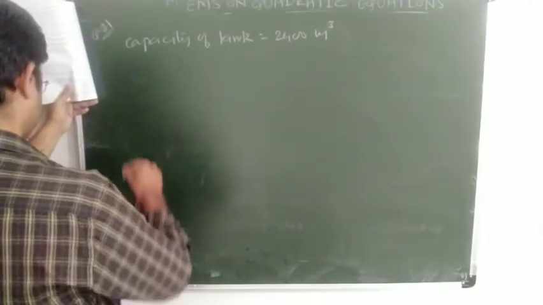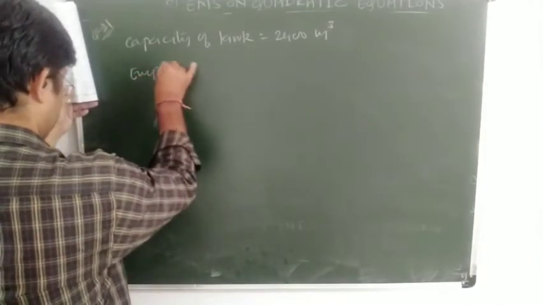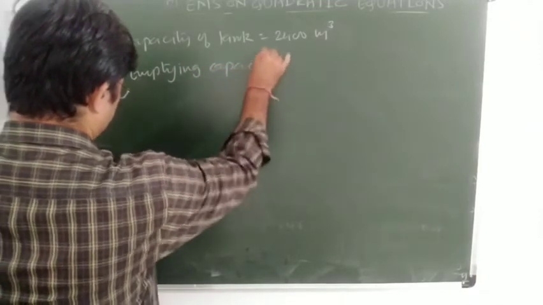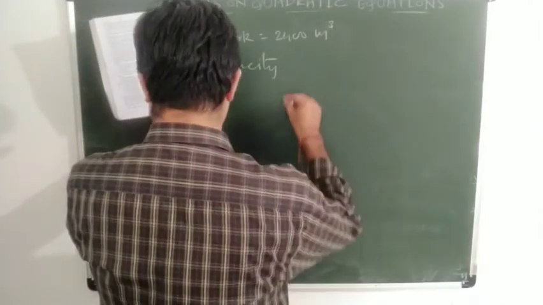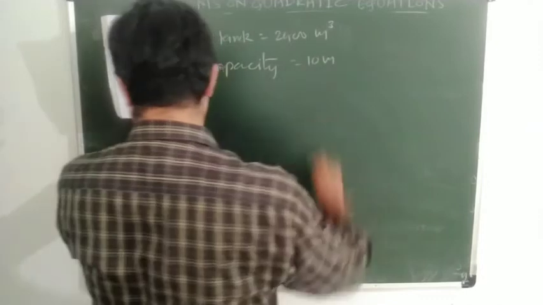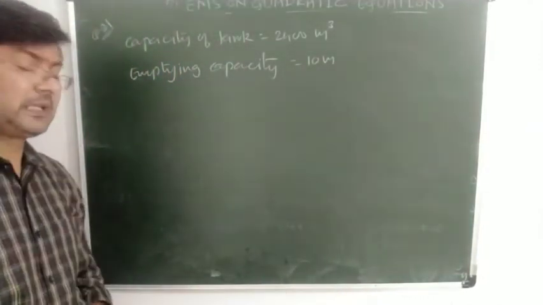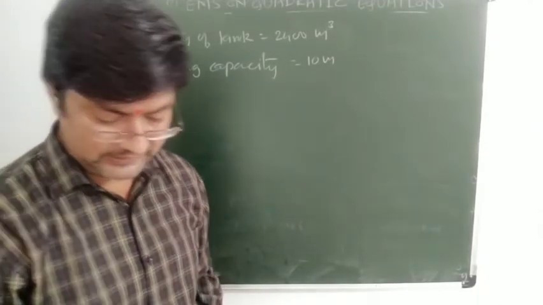Now emptying capacity is given. Emptying capacity is 10 cubic meter per minute higher than the filling capacity.